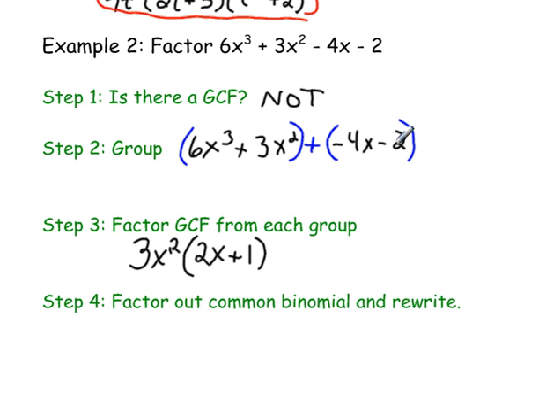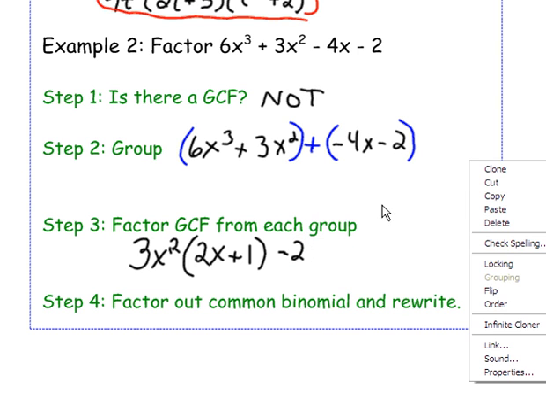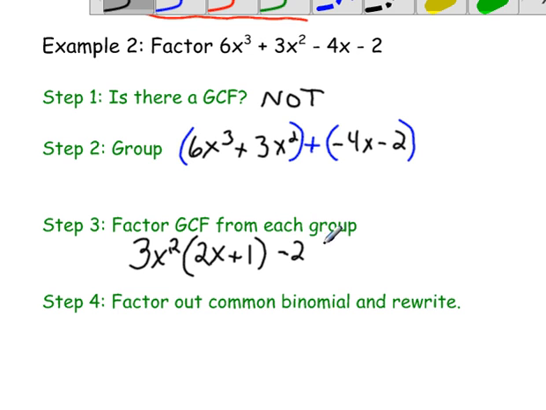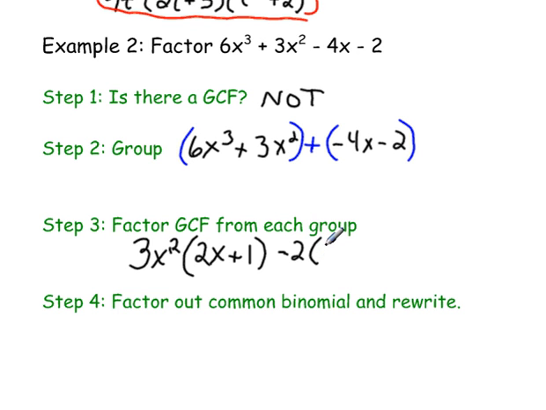Okay, in our second term, greatest common factor from negative 4x and minus 2 is a negative 2. So I'm going to factor out a negative 2, parentheses, 2x, and negative 2 factored out of negative 2 leaves me with a plus 1.